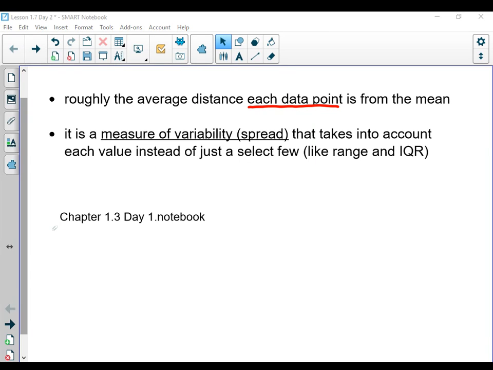Like I said, sometimes one of them will be a better description than the other. The only thing we have left is the outlier, which is what we'll talk about in the next section.